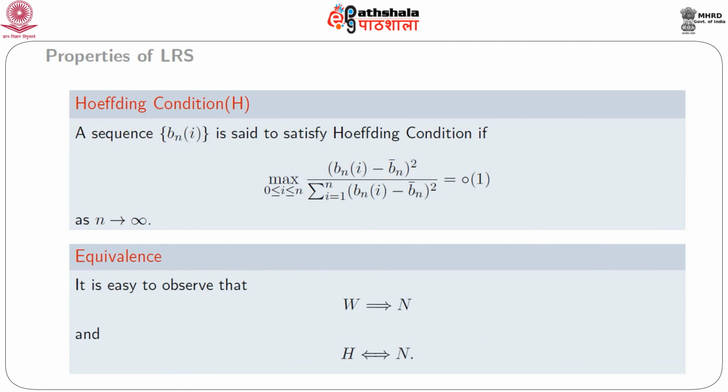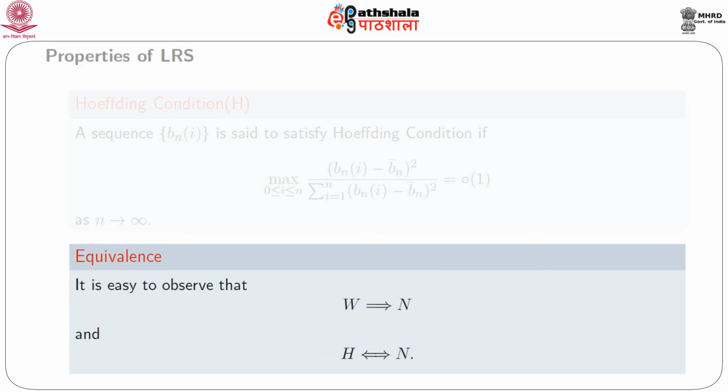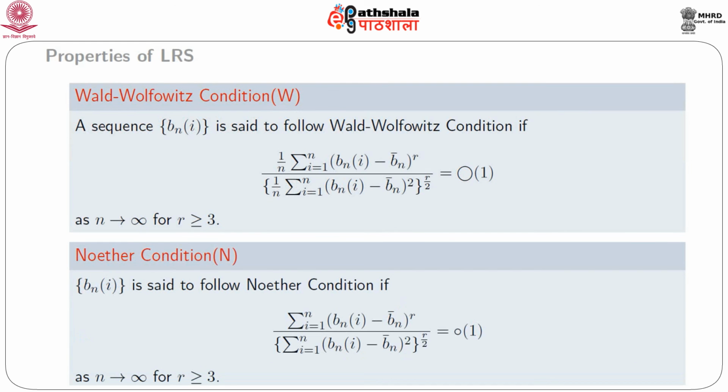And we have also seen that the Wald-Wolfowitz condition implies the Noether condition, and Webb-Dim condition is equivalent to the Noether condition. We have thus defined linear rank statistics based on the ranks of the observations in the combined sample. We have seen that rank has a distribution independent of the parent population, and therefore linear rank statistics form a basis for distribution free inference.